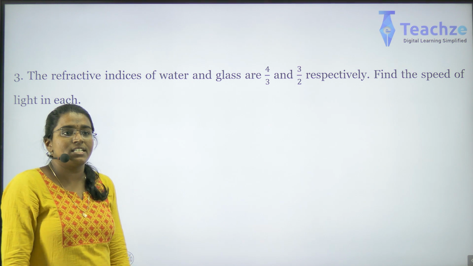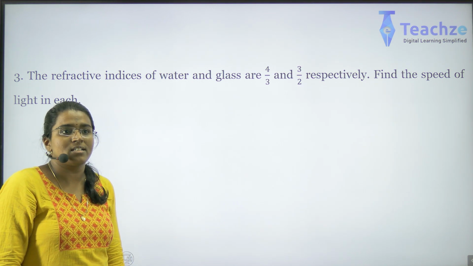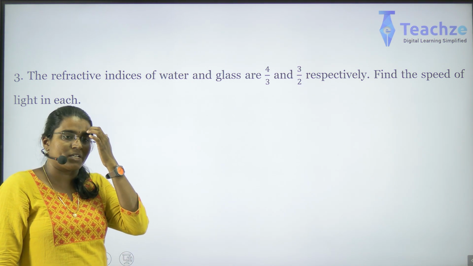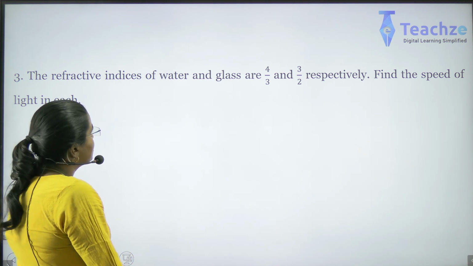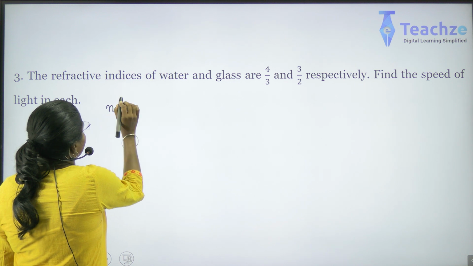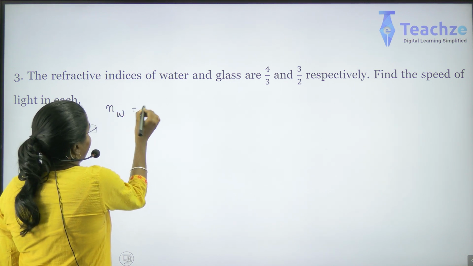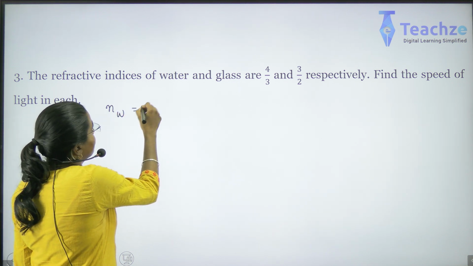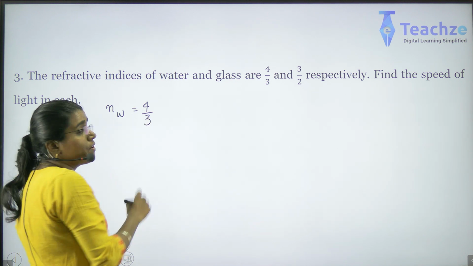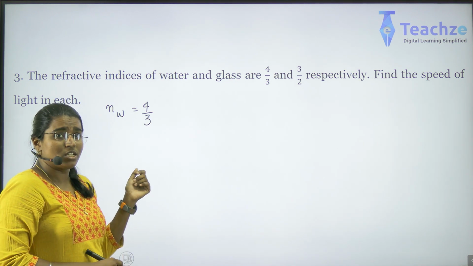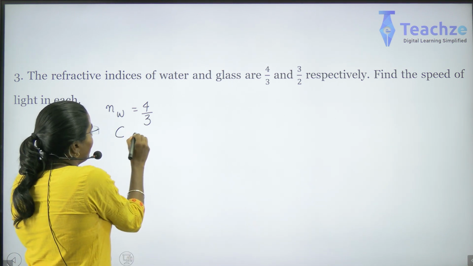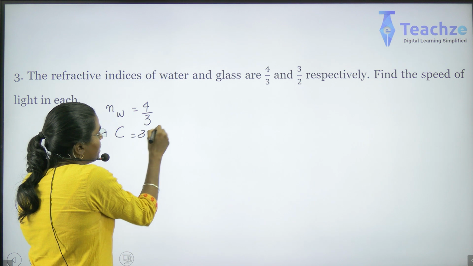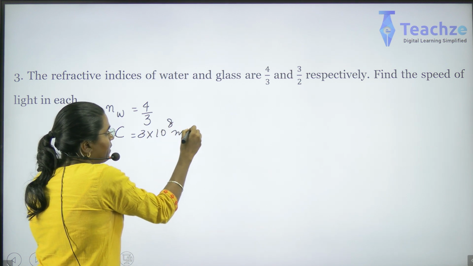The refractive indices of water and glass are 4 by 3 and 3 by 2 respectively. Find the speed of light in each. So we have been given N, the refractive index of water, to be 4 by 3. We have to find the velocity of light in water. We know the velocity in air or vacuum is 3 into 10 power 8 meter per second, right?